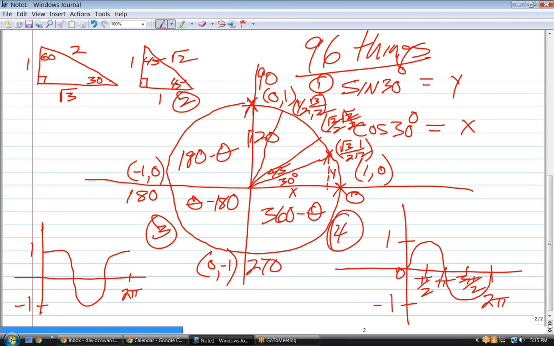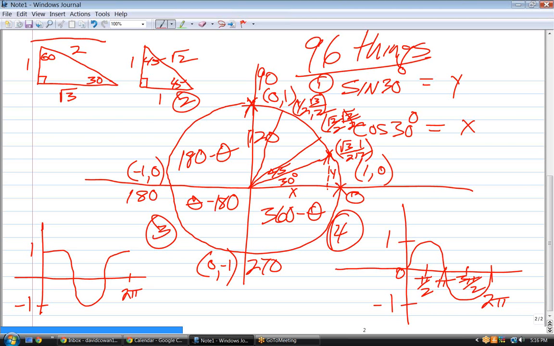And the beauty of that is that the only thing you have to really memorize are the first quadrant angles. And you don't actually have to memorize those, because if you can memorize these 2 triangles, you can figure out all of the first quadrant trig functions. Now, what's the beauty of that?